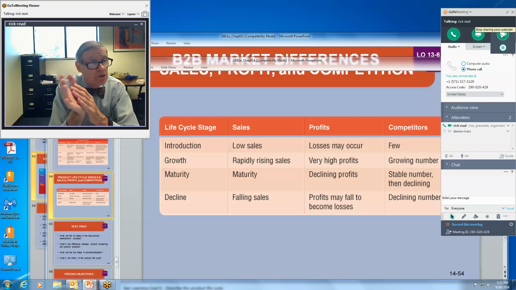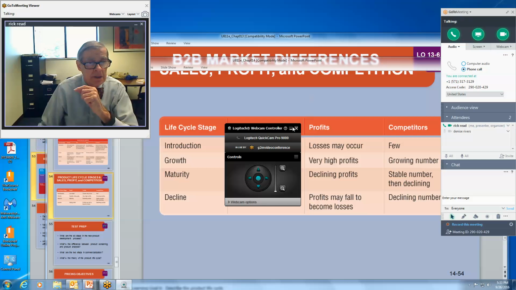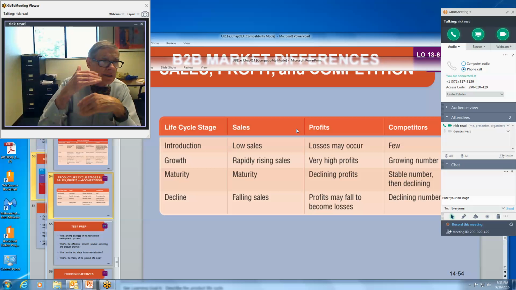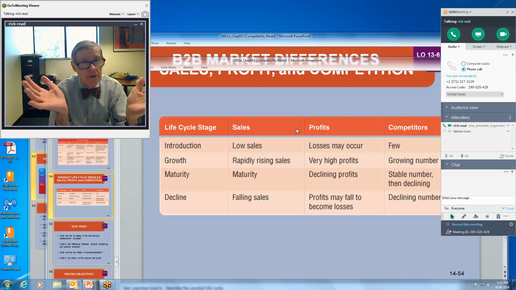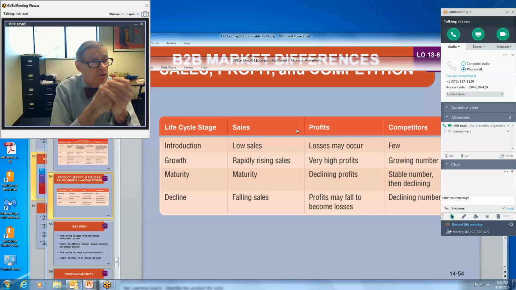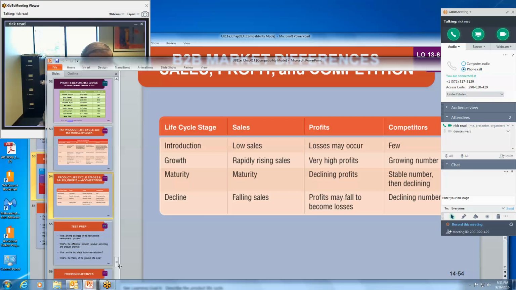Now, maturity, and this is what I talked about, we have to be careful about this, because we can't say that this is true overall. It says we have declining profits. That may or may not be true. And then decline, of course, that's understandable. Falling sales, and then obviously we're going to get into a lot of problems and be out of business quickly.